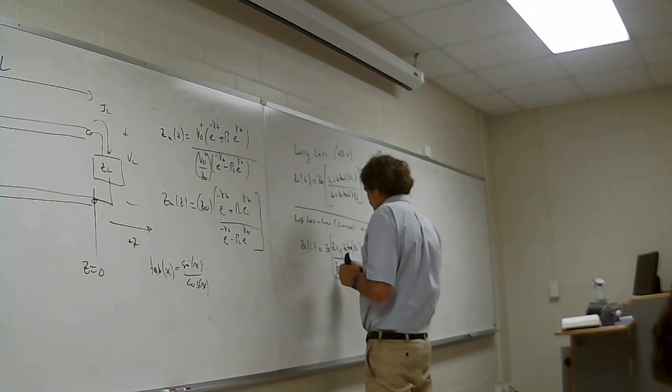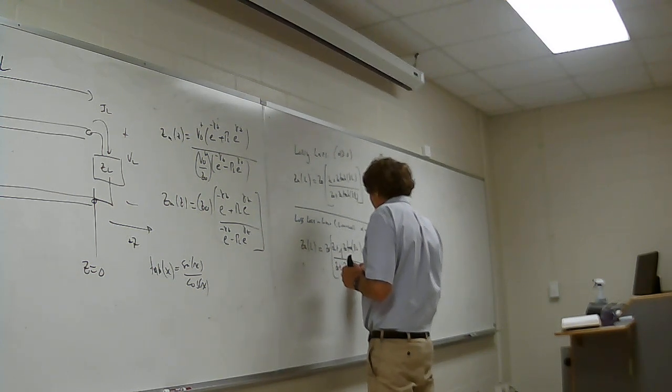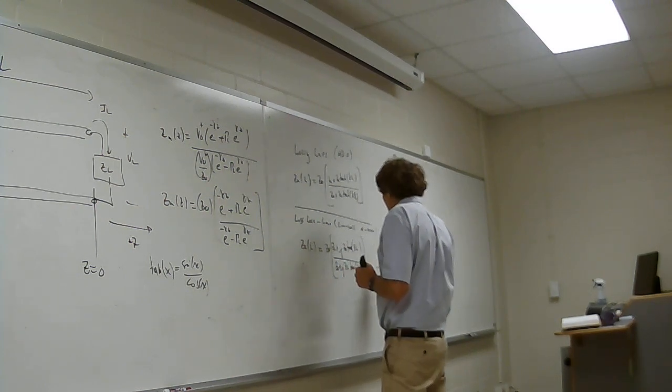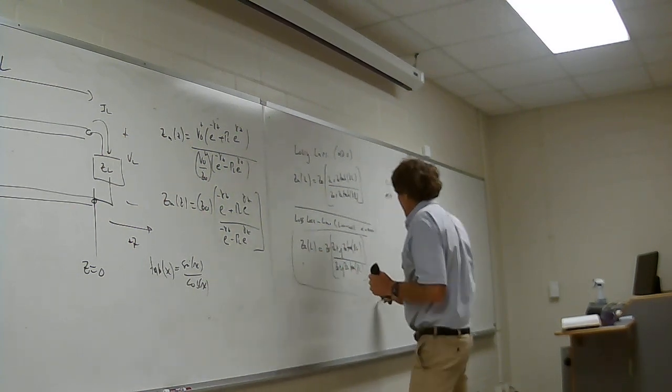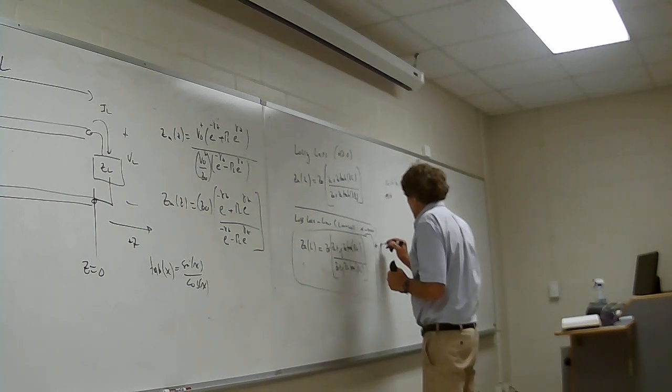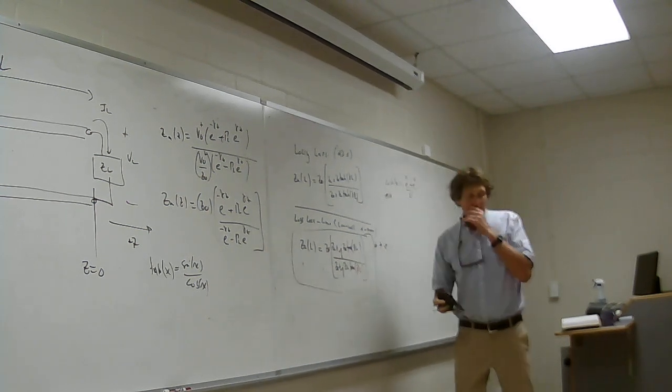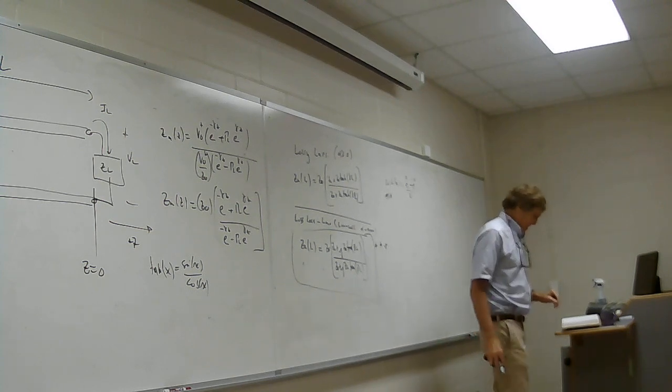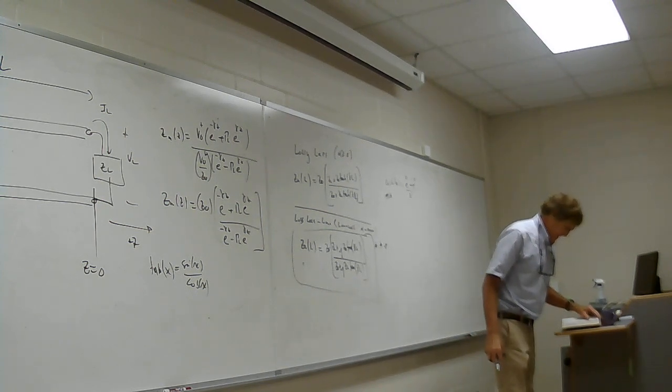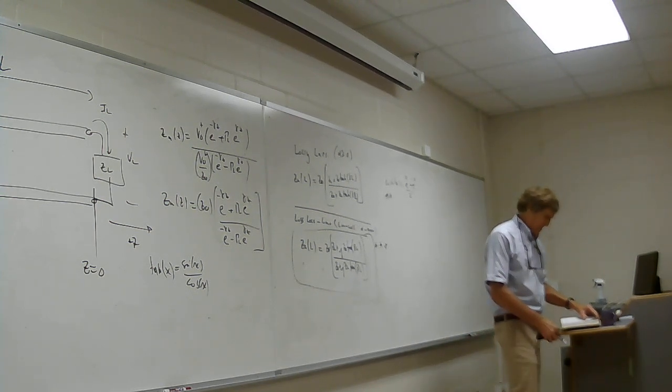And this is over Z0 plus j ZL times the tangent of beta L. This is the one we use all the time. It's shown in equation 2.73 on page 51. Y'all hear me, class?